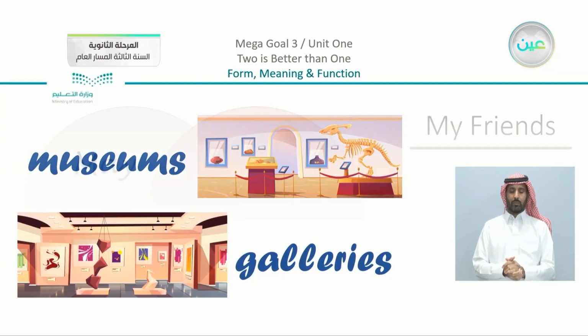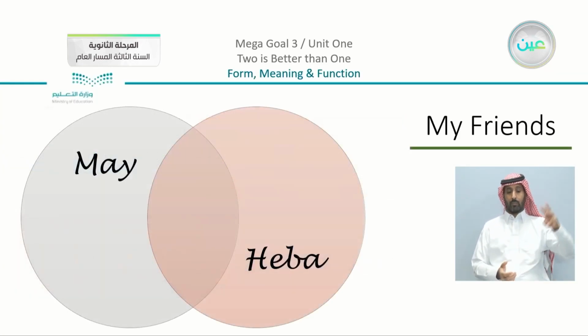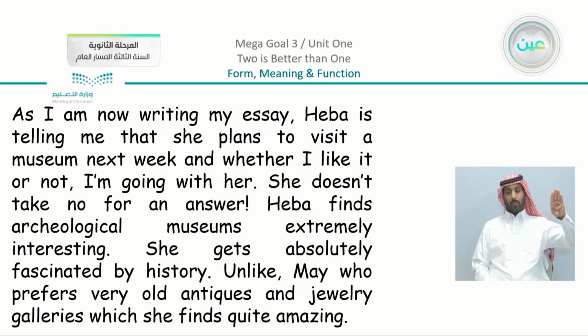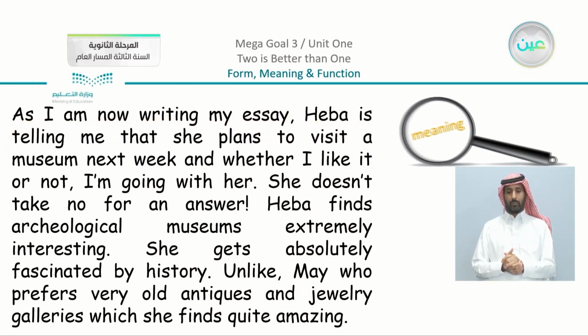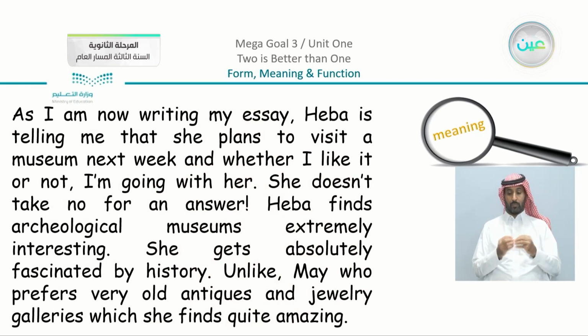So I'm going to go back to my two friends, May and Hiba. What did I say about them? I mentioned that we have here, I want some words that show meaning and are connected to what I just talked about. We have here, Hiba is planning to visit a museum next week.